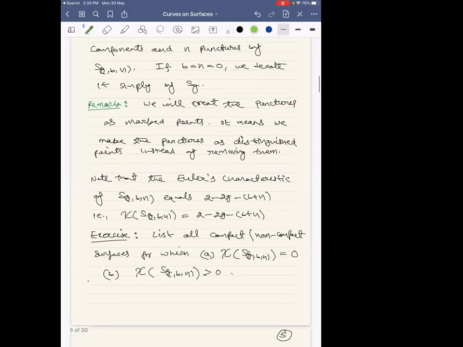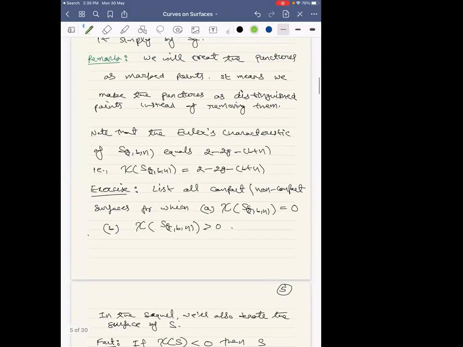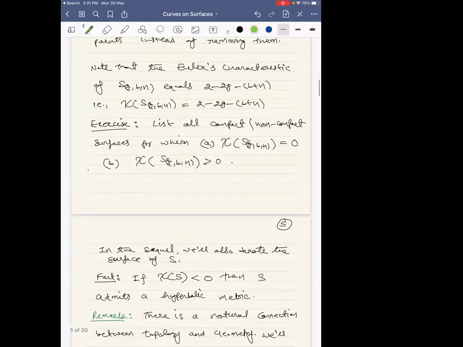We will see the most interesting cases will be when the Euler characteristic is negative. It is maybe an easy exercise to list all the finite type surfaces where the Euler characteristic is 0 or positive. You can see there are only finitely many cases where this happens. In all the rest of the cases, the generic case, the Euler characteristic will be negative.